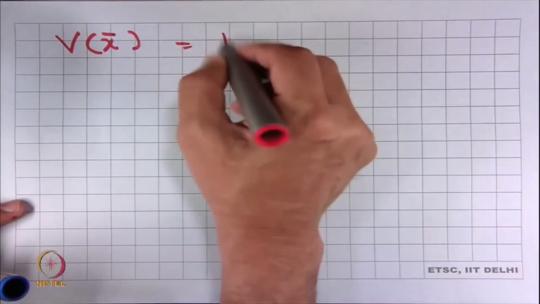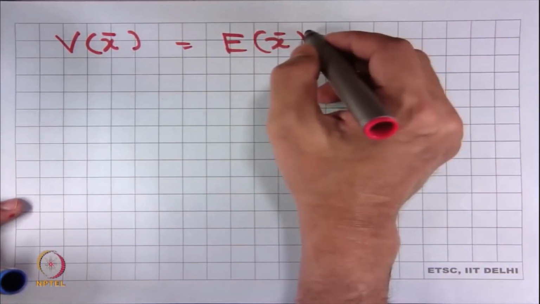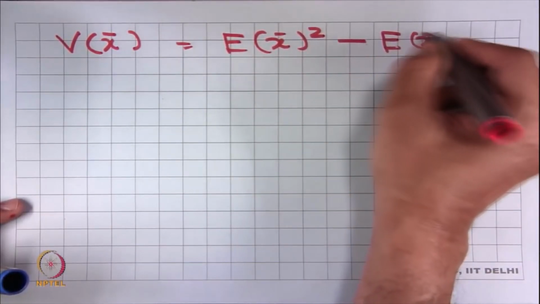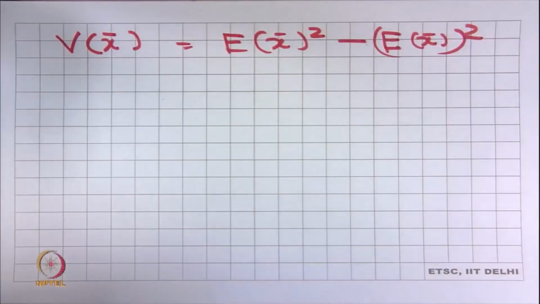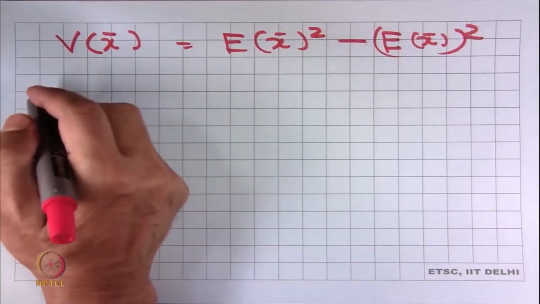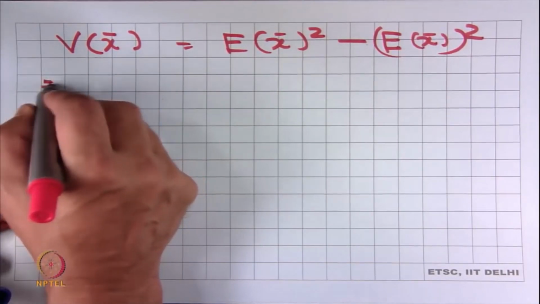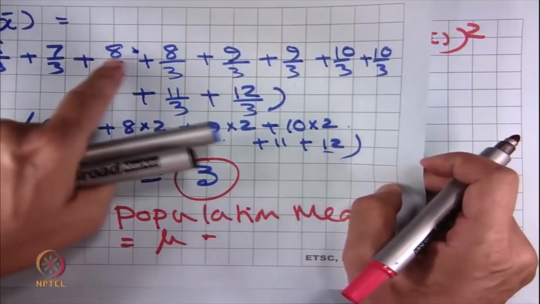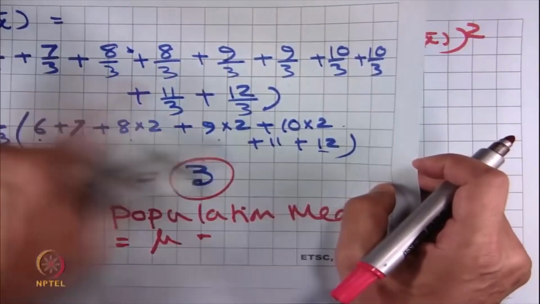It is equal to the expected value of x bar square minus the expected value of x bar whole square, and therefore this is equal to, we have got the x bars to be 6, 7, 8, 8. So, x bars, so this square we have to take.